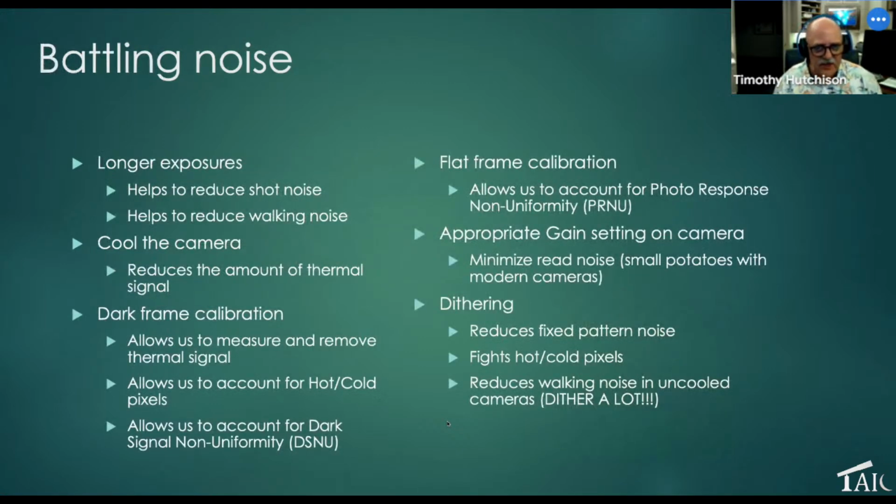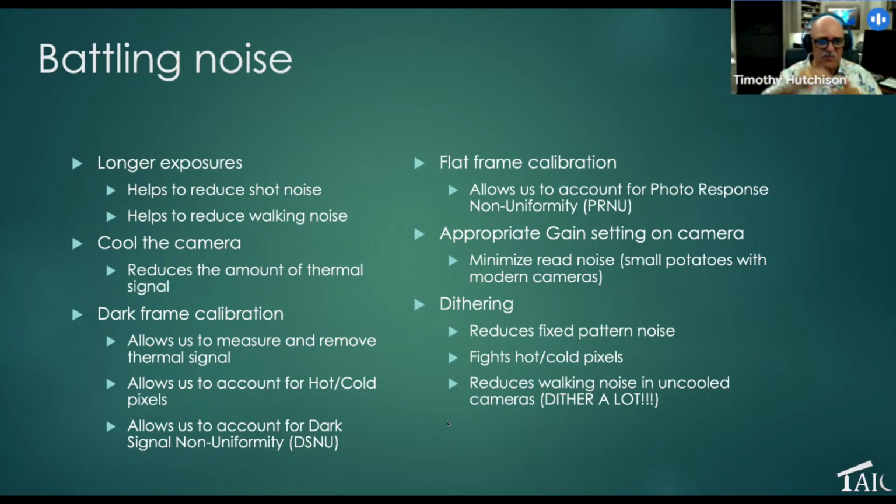All right. So how do we fight this stuff? What do we do about it, right? Well, there's lots of things that we do about it. Longer exposures help to reduce our shot noise, right? Why? Well, you should all know why. Because as our exposure gets longer, our image gets brighter. And as our image gets brighter, the noise increases at the square root of the signal.